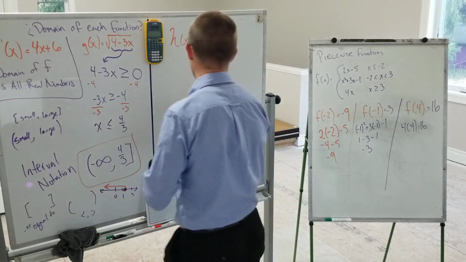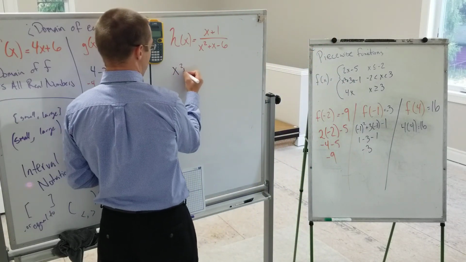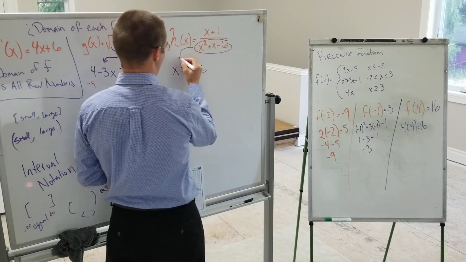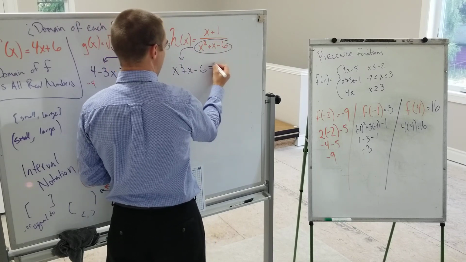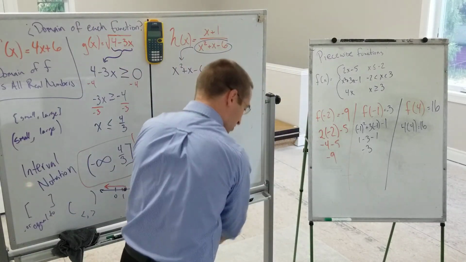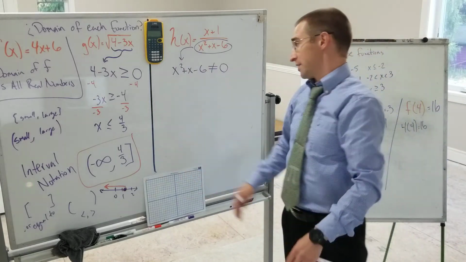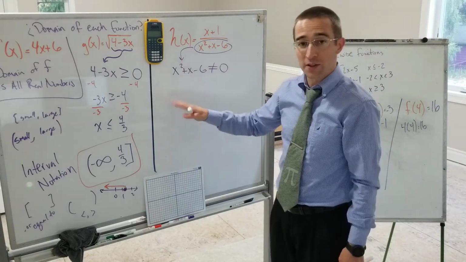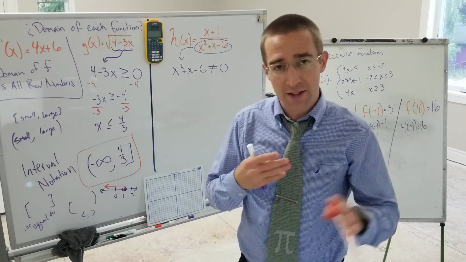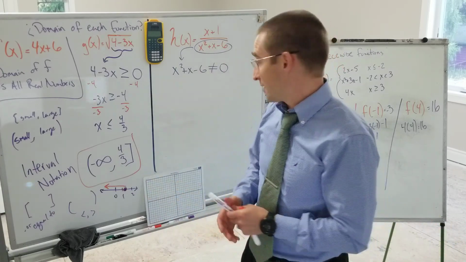So we take this x squared plus x minus 6, whatever's in the denominator, and say it cannot equal 0. We write that equals with a slash through it to say it's not equal to 0. And then we're just going to solve this the same way we'd solve if it was equal to 0, except our answer is going to be x cannot equal this or x cannot equal that.